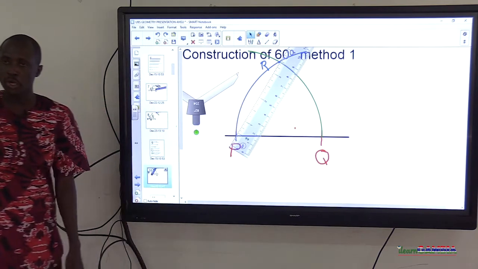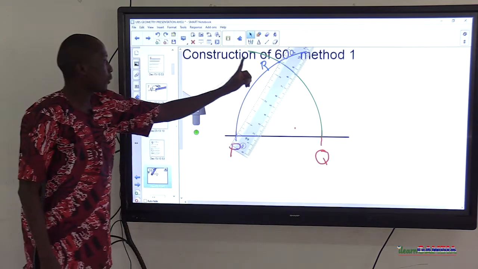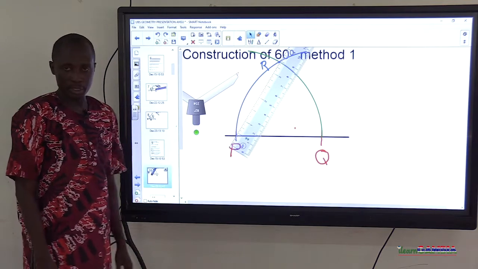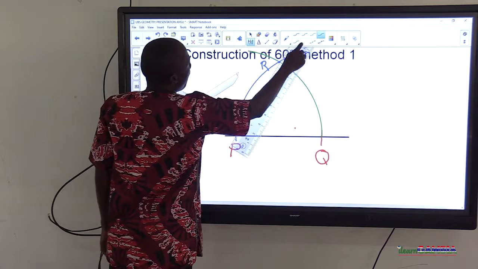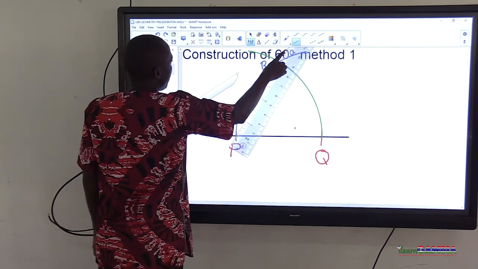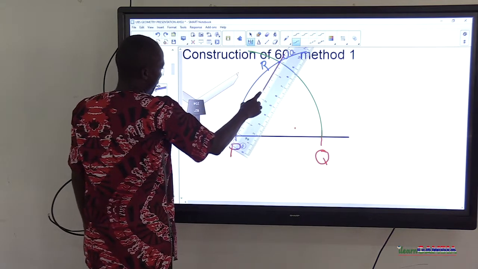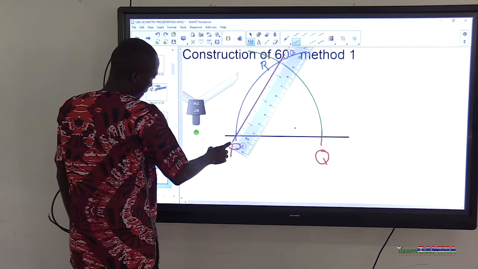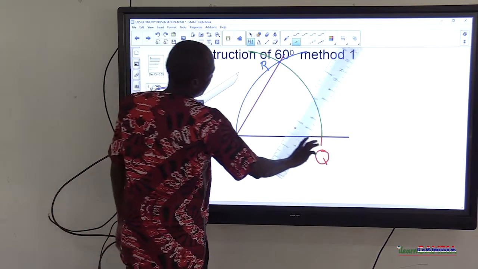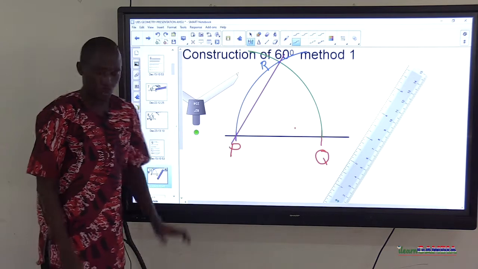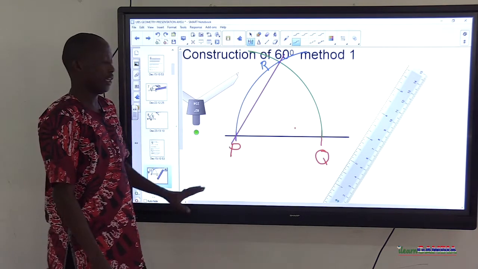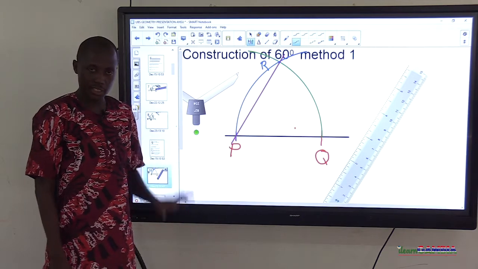Good. So we draw a line from R to P. Now, the angle that we have just formed is 60 degrees.